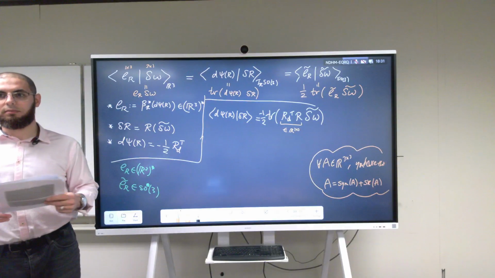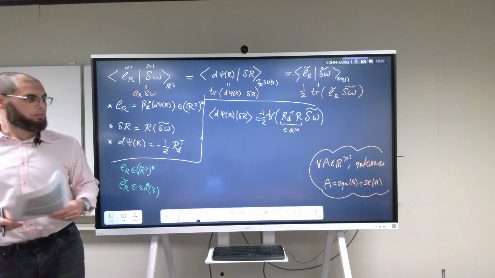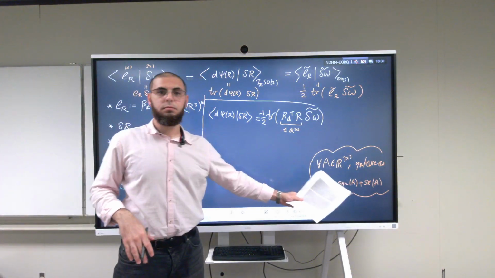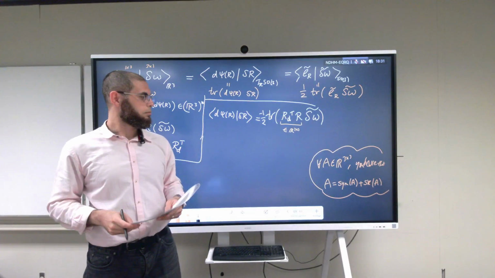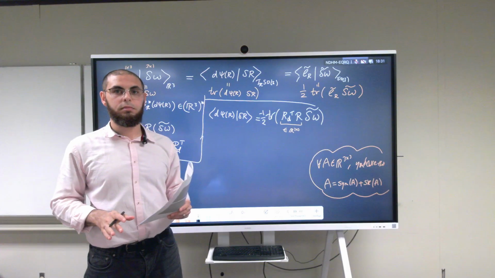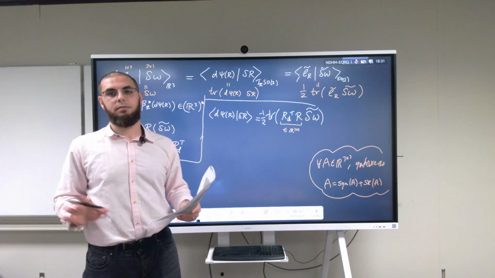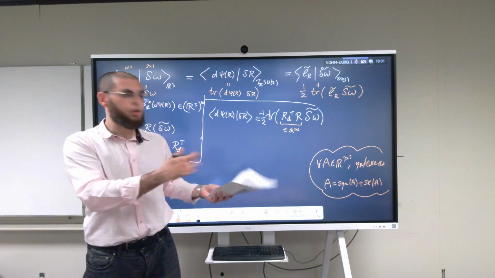Does this assume that R is symmetric already? No, we're talking about A here, any matrix, not this one. And I'll show you how it looks.